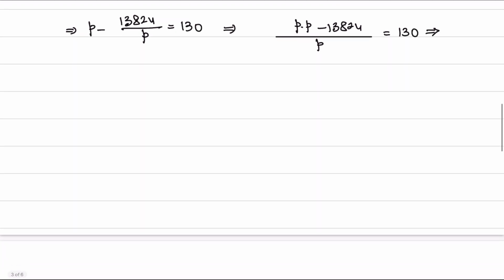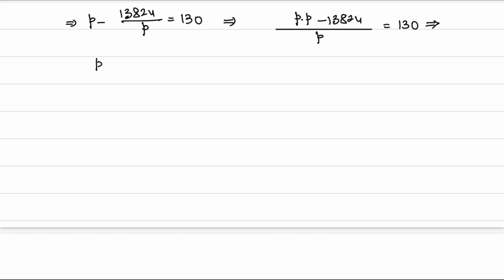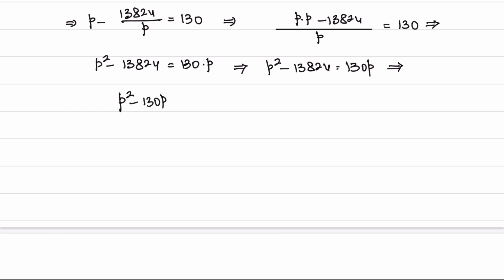In the next step, by cross multiplication we get p square minus 13824 is equal to 130p. That implies we will bring this 130p to the left hand side. p square minus 130p minus 13824 is equal to 0.